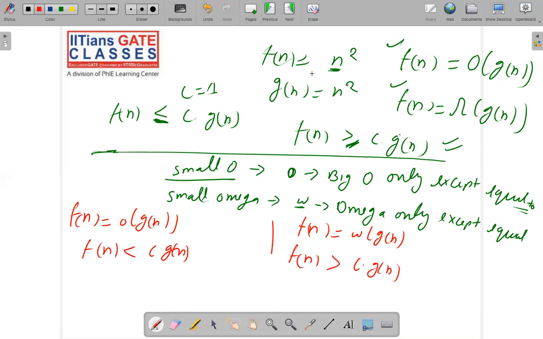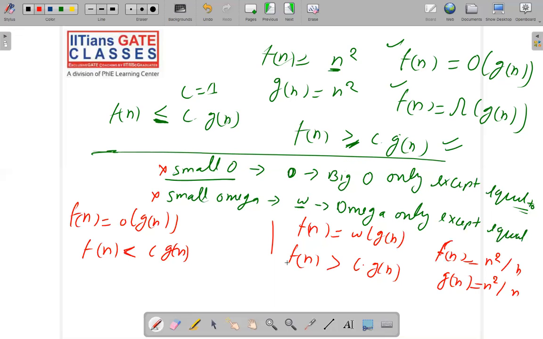Okay. So if Fn is equal to n square and Gn is also equal to n square, or you can say n or log n, both have the same function value, the same expression, then what happens? This won't hold. Small o won't hold and small omega won't hold, because there is no equal to here.